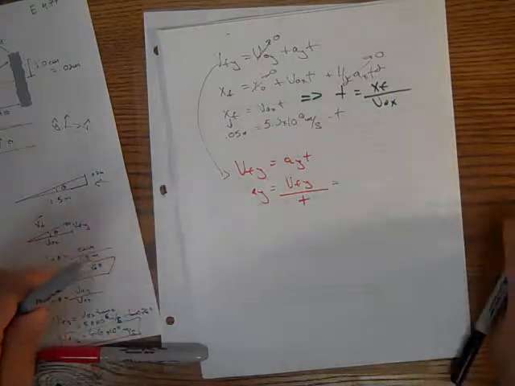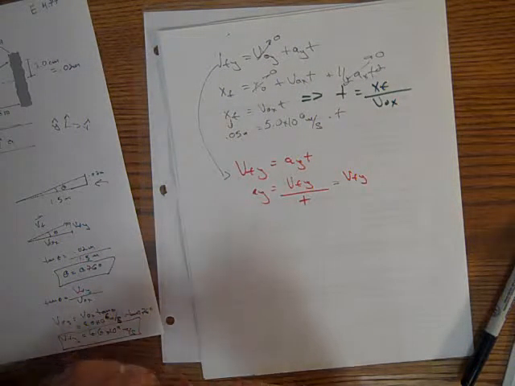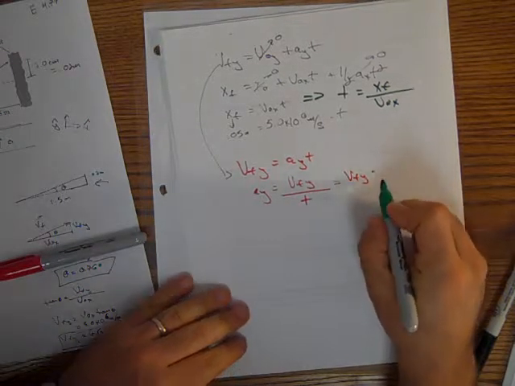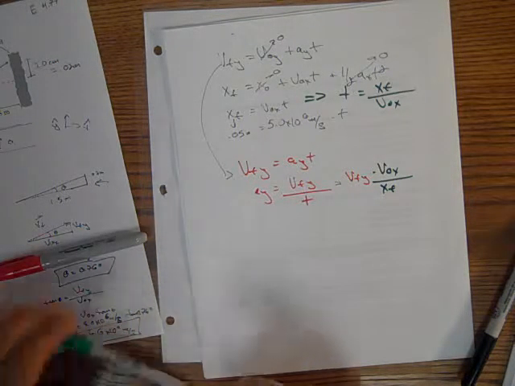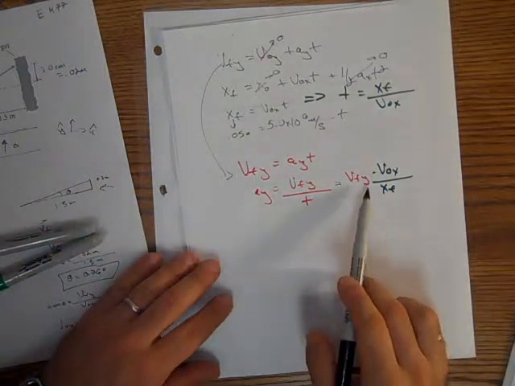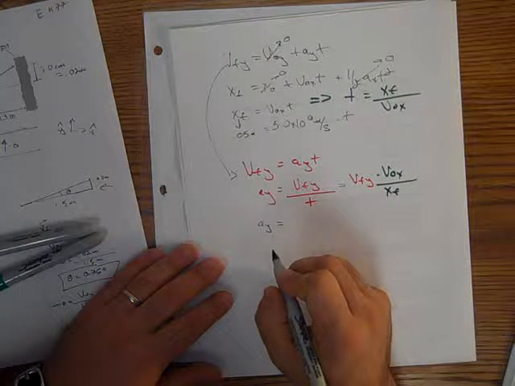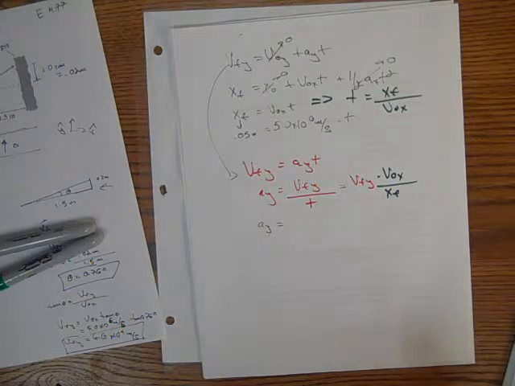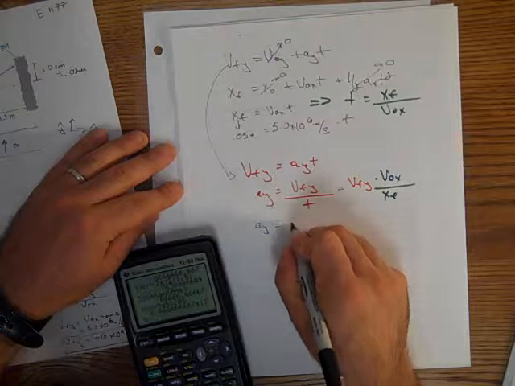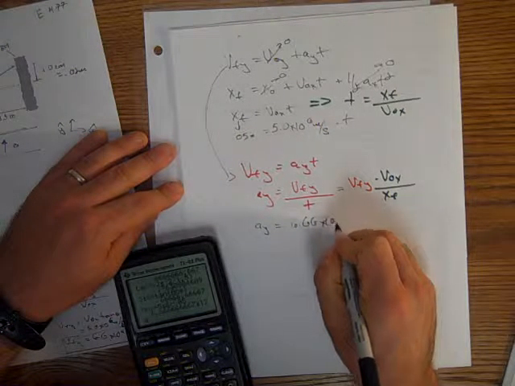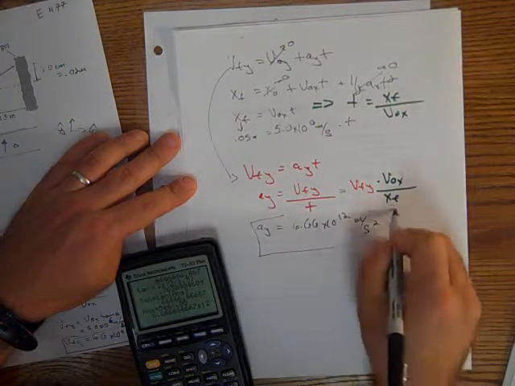So this is equal to v final y, which I know, divided by time, so times v0x divided by xf. When I plug all of this stuff in here, I get that ay is equal to 6.66 times 10 to the 12th meters per second squared, which sounds enormous.